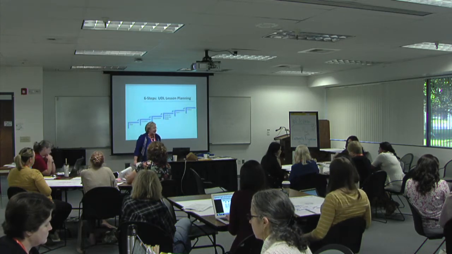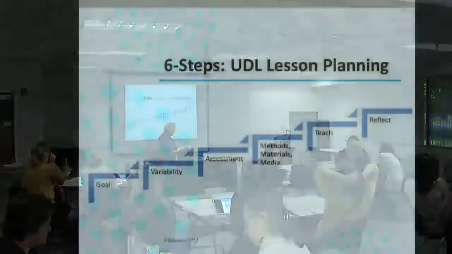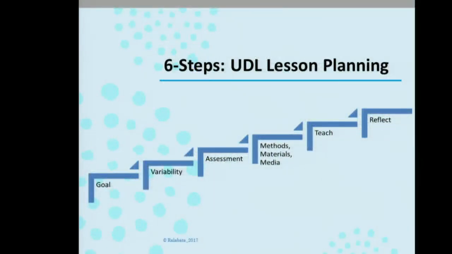So I worked at CAST for a number of years, as you heard in the description, and did a lot of workshops explaining what universal design for learning was, having people experience it, experience their recognition networks and their strategic networks and all of that good stuff.